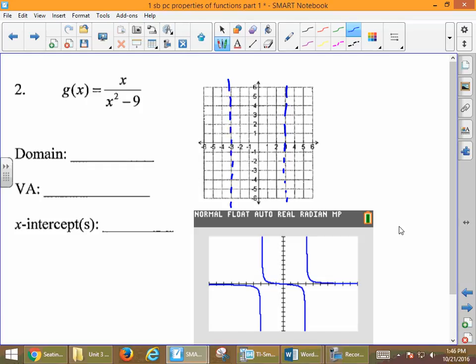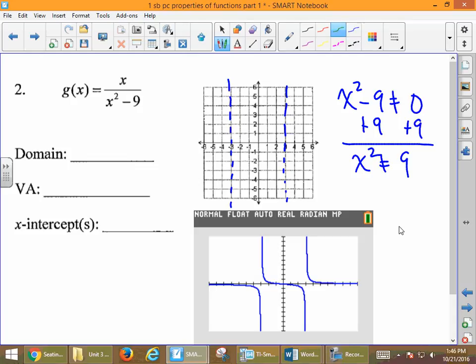And one of the ways that we can do that, if we're not sure on our calculator, is we can look at the denominator of the function, which is x squared minus 9, and we can set it not equal to 0. And in order to solve that, we get x squared doesn't equal 9. And the inverse operation of squaring something is square rooting.